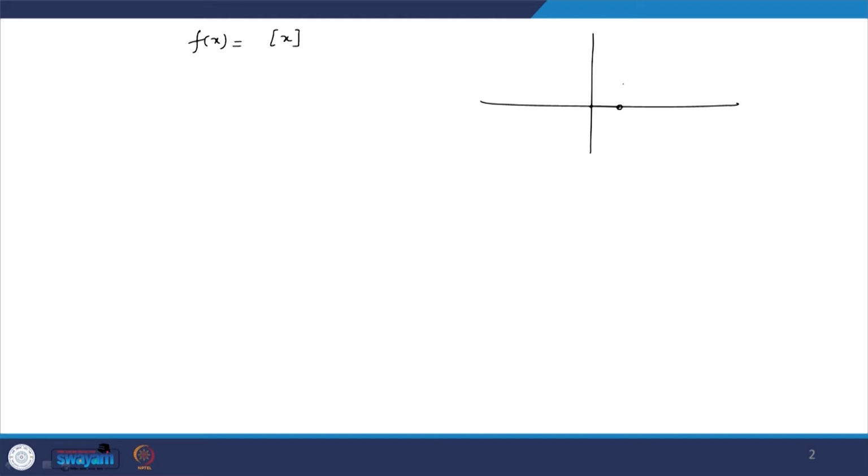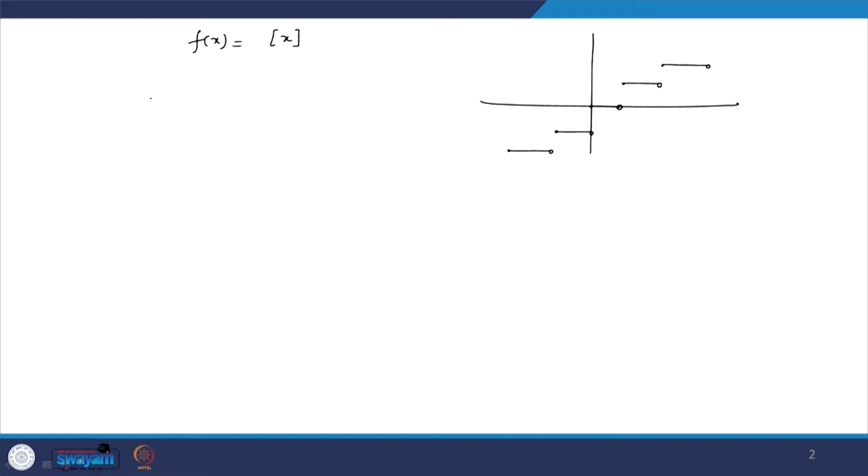When x is 1, it is 1, and from 1 to 2 it is 1, open at 2. From 2 to 3 it is 2, and so on. Similarly at 0 it is 0, open here, and at minus 1 it is minus 1, and similarly we have a step type function like this.